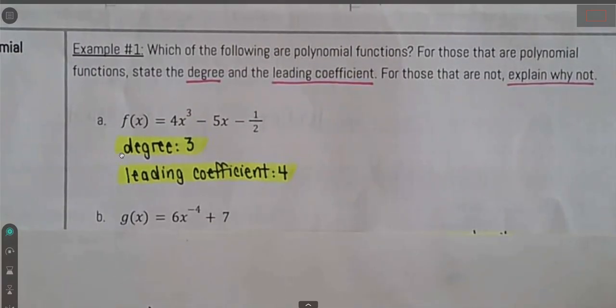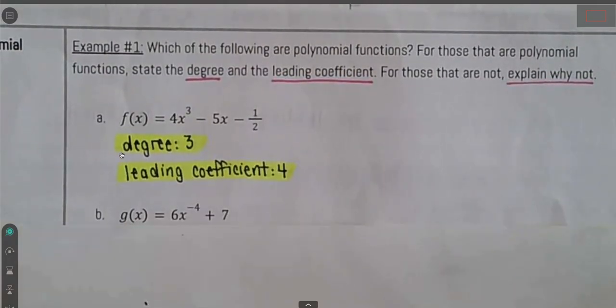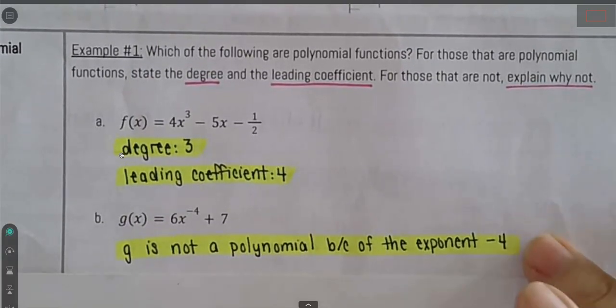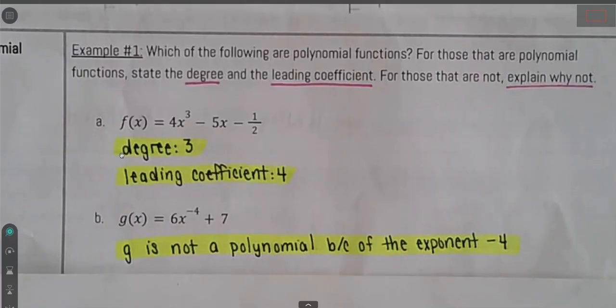All right. B, the answer is no. I'll give a bonus point if someone can tell me why. Go ahead, Cora. The exponent is negative. You can't have a negative exponent in a polynomial. Great job.